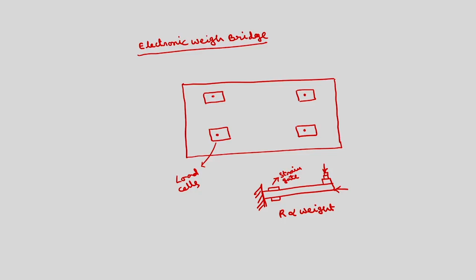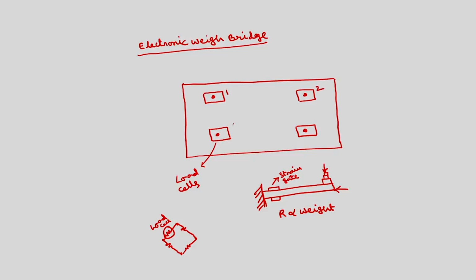So, here we have 4 different load cells, which will give 4 different changes. The basic circuitry here will be, you have to connect these 4 in 4 arms of a bridge. This is the load cell corresponding to 1.